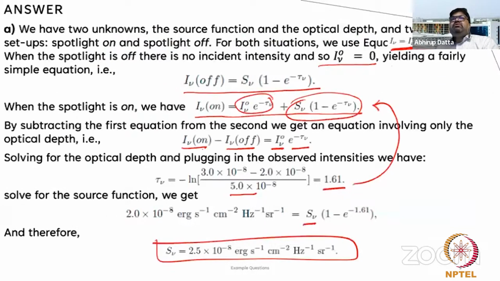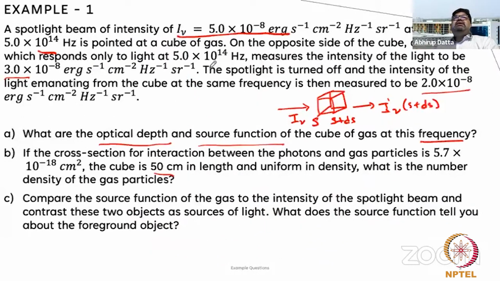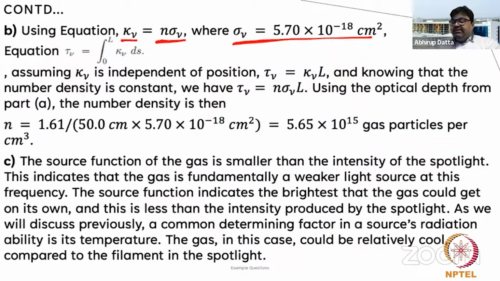If I go back 2 slides, the gas particles' cross section is given by 5.7 times 10 to the minus 18. So this absorption coefficient is the number density multiplied by the cross section.